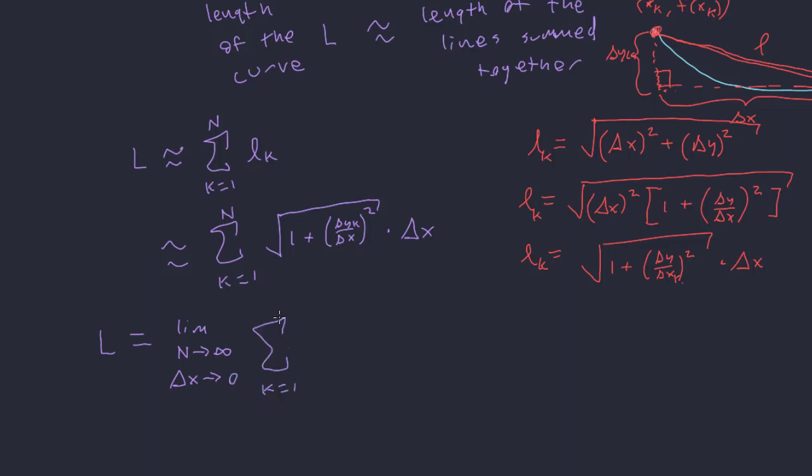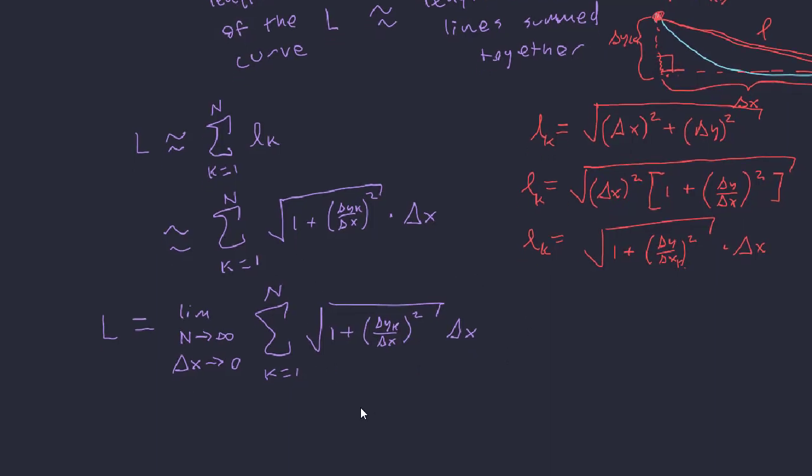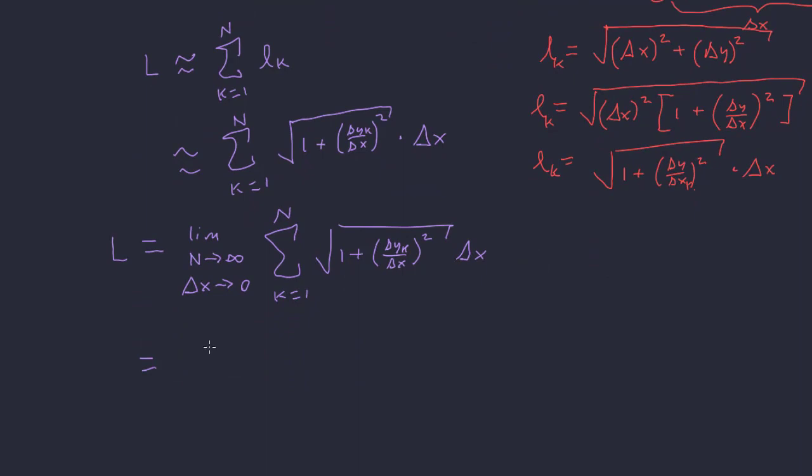And when we do that, just rewriting this, remember the sum becomes an integral, in this case from a to b. The square root, well, that stays the same.